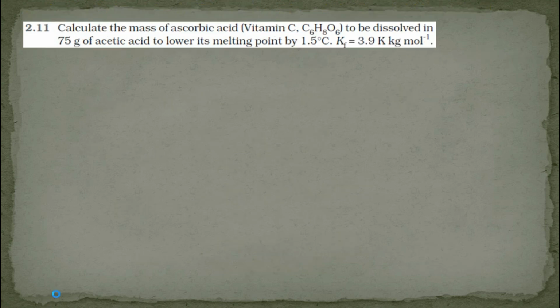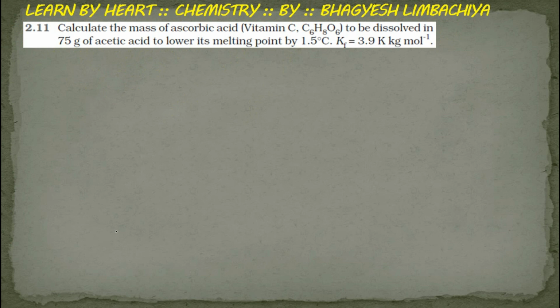Next, calculate the mass of ascorbic acid, vitamin C, C6H8O6, so that the molecular mass can be calculated, to be dissolved in 75 gram of acetic acid to lower the melting point by this much.